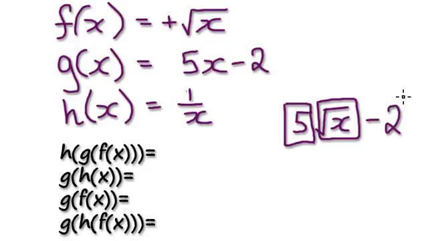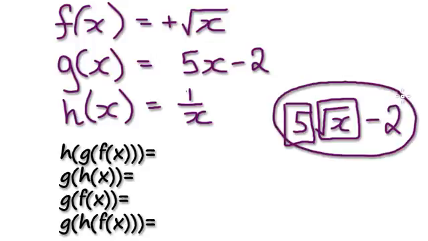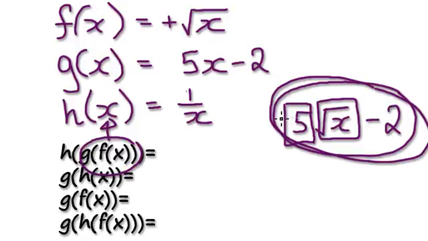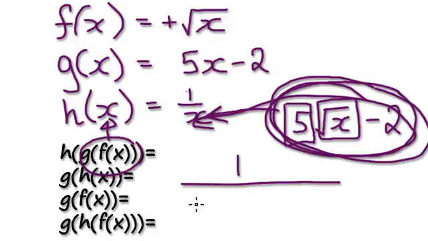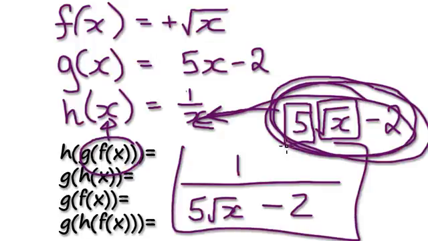Now you've got to put the combination of the two into the h here, meaning you put this whole thing into this x here, so it will look like this: 1 over 5 root x minus 2. Okay, so this is your final answer.